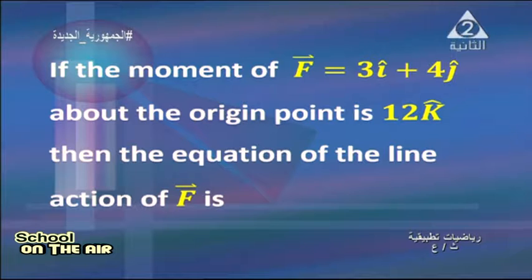Now we translate to another example. If the moment of the force F, 3I plus 4J plus 12K, about the origin point, then the equation of the line of the force is, choose the correct answer.